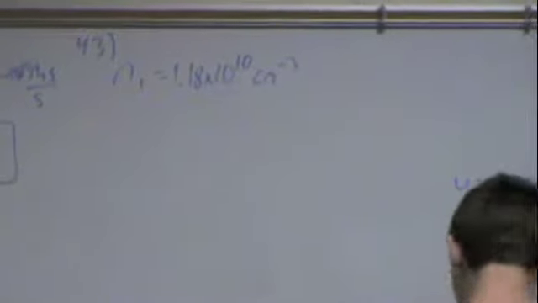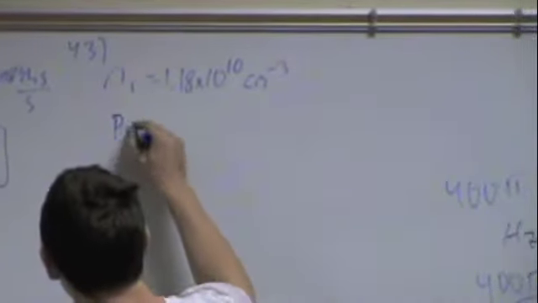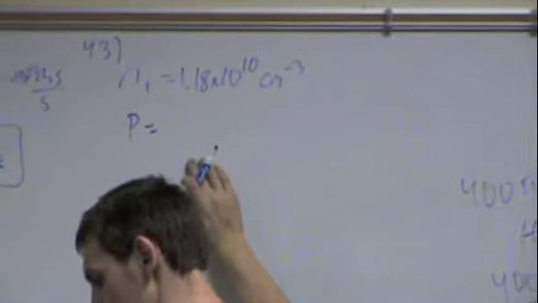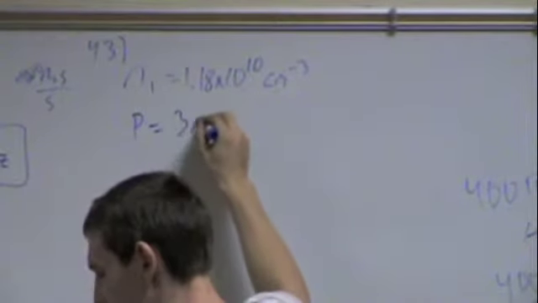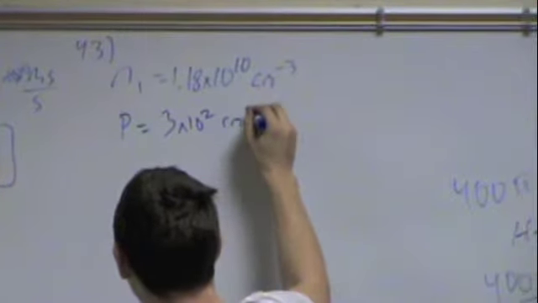With that, the next thing it says is that a silicon crystal has a hole concentration of P equals 3 times 10 to the 2 centimeters negative cubed.